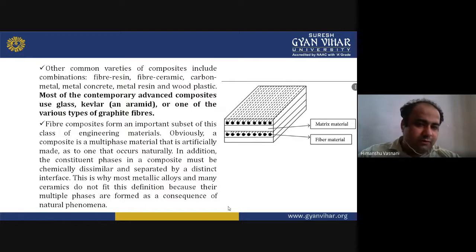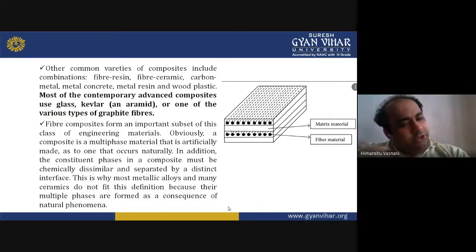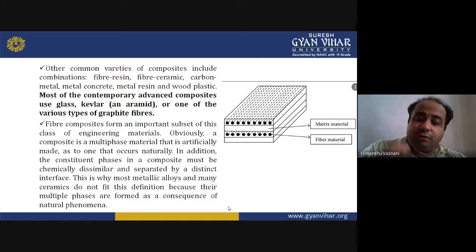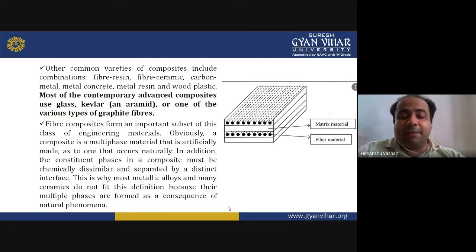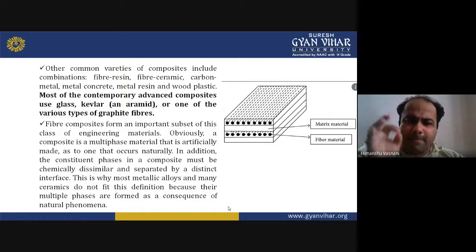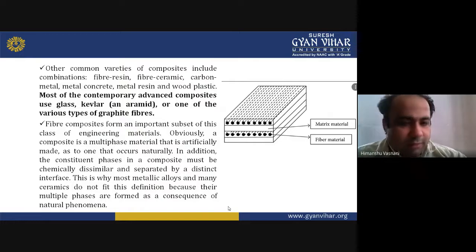In addition, the constituent phases in a composite must be chemically dissimilar and separated by a distinct interface. That is why most metallic alloys and many ceramics do not fit this definition, because their multiple phases are formed as a consequence of natural phenomena.